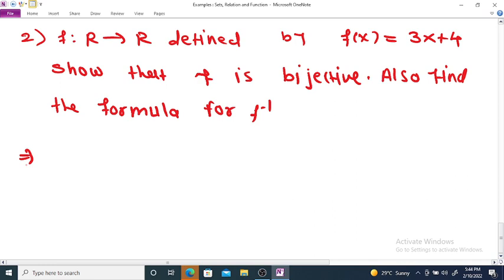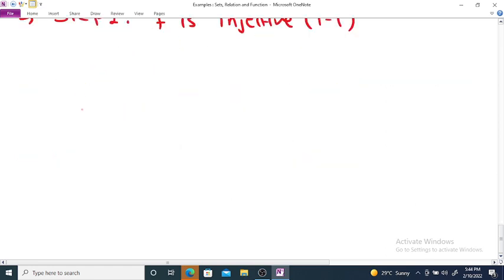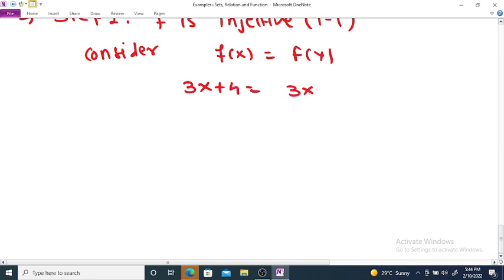So the given f of x is equal to 3x plus 4. When we say f is bijective, f is one-one (injective) and onto (surjective). Step first, f is injective, that is, we want to show that f is one-one. To check whether it is one-one, consider f of x is equal to f of y. So 3x plus 4 is equal to 3y plus 4.